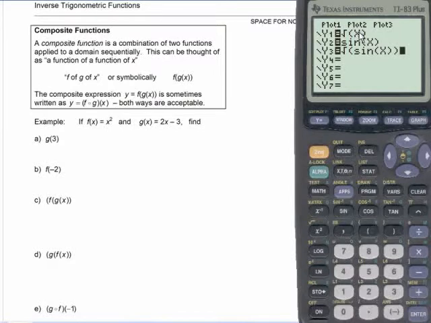If you put an x value in here and get a y value, and then you take that y value, actually I got to go the other way here because sine's on the inside. If I put an x value in here, get a value for that, and then put that value in this function, you apply the two functions in sequence. I wish I hadn't picked sine now, let's pick something simpler.